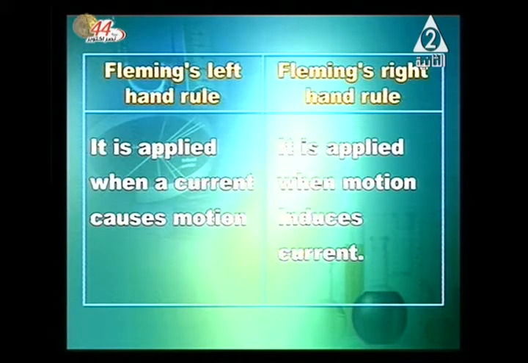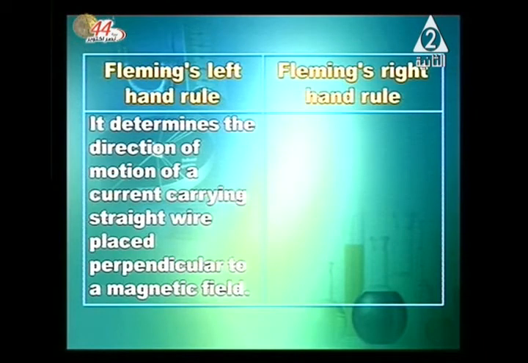In Fleming's left, we'll start with current. And when current is passed, what happens? Motion comes later. So Fleming left is used when current causes motion. But Fleming right is used when motion induces current.